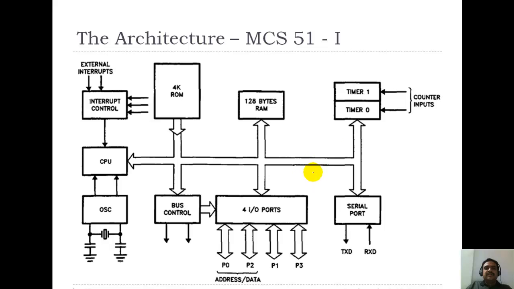Now this is the architecture of 8051. It has 4 IO ports called P0, P1, P2, P3. It has a serial port, so it will obviously have a transmission and a reception pin. It has 2 timers, timer 0 and timer 1. Now these timers can also be used as counters. And if you look at this, there are various modes for using these timers.